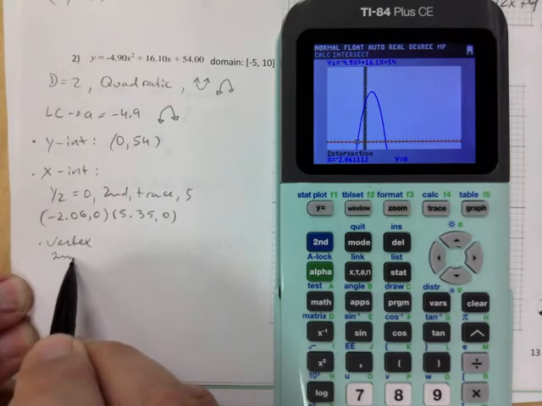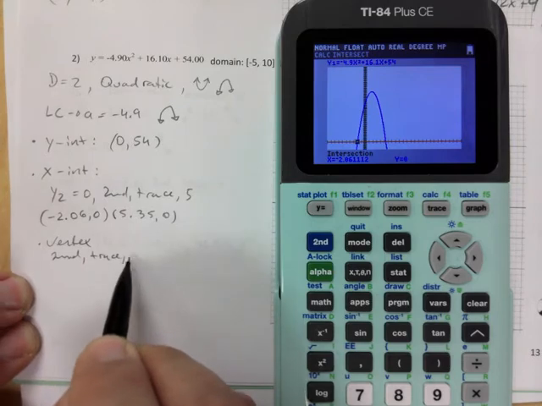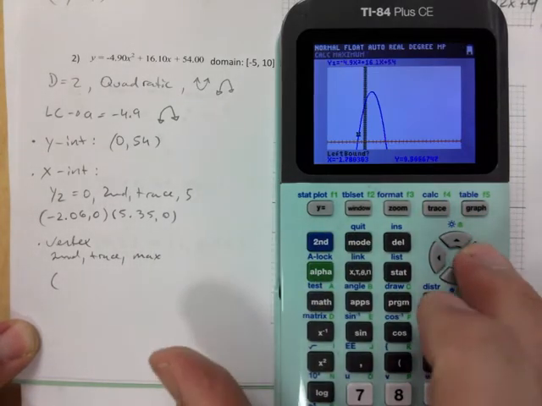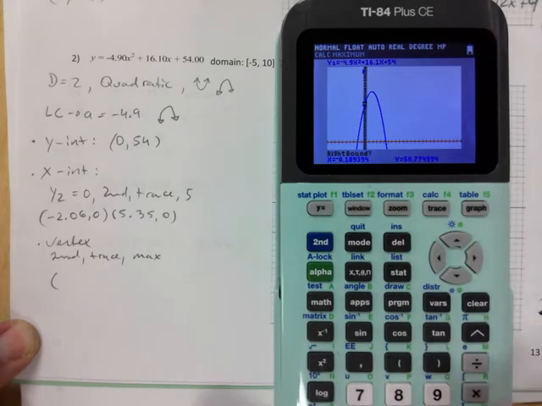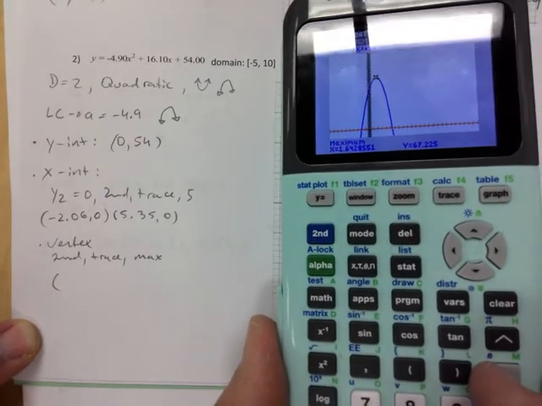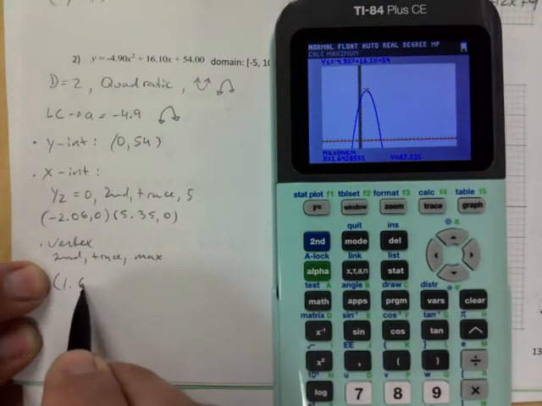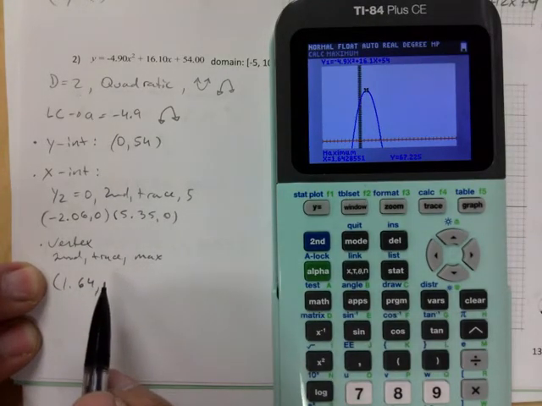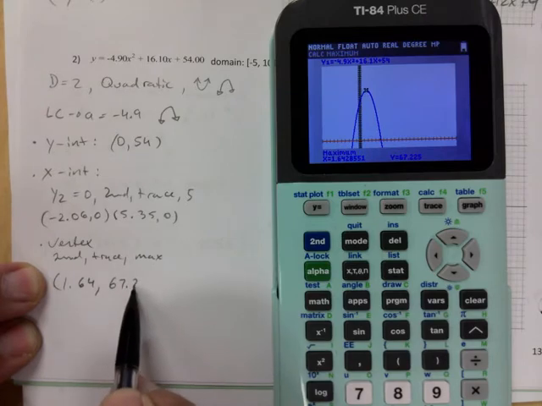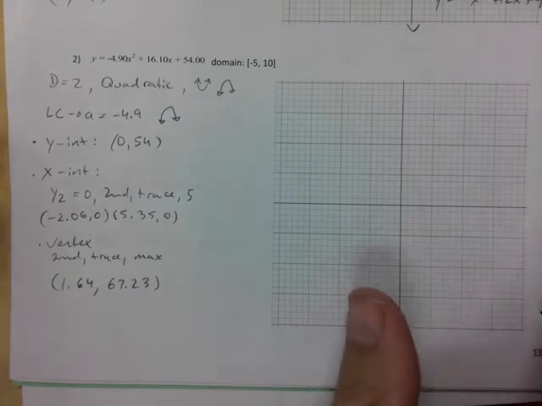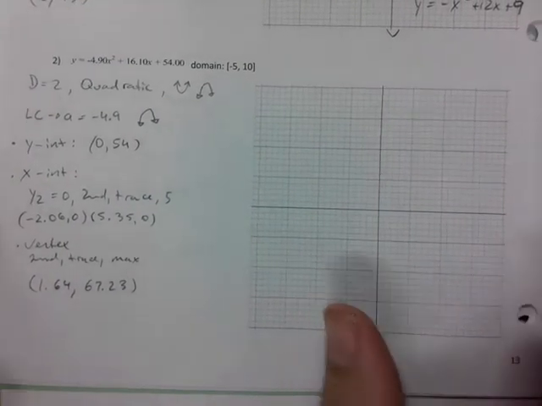So second trace max, that's 4. To the left of the vertex, pick a point, then pick a point to the right, enter, enter, and you get 1.64, 67.23. Okay, so you've got that. All the important points are there. They will help you come up with a scale and so forth.